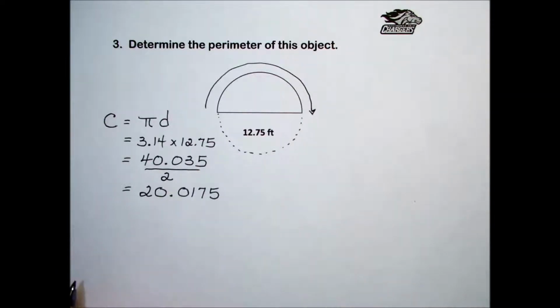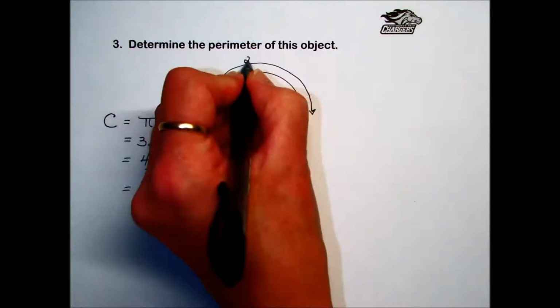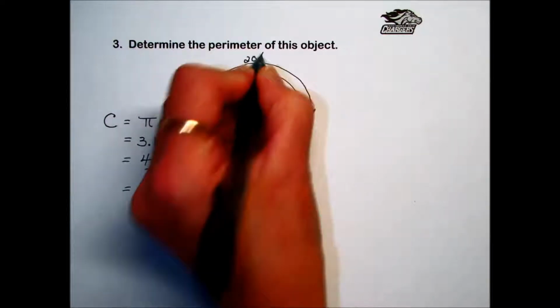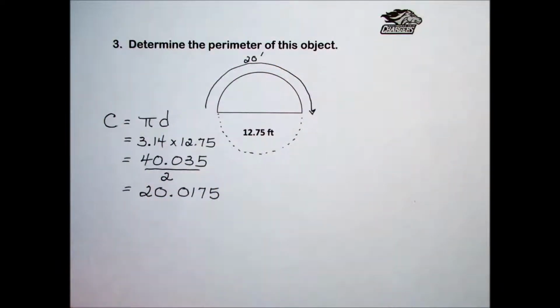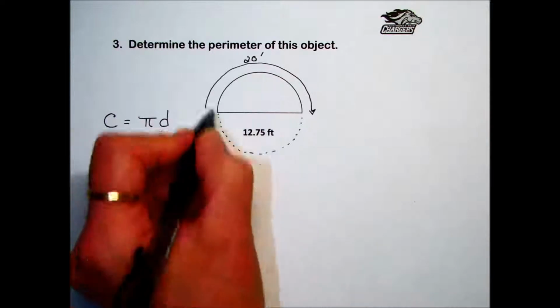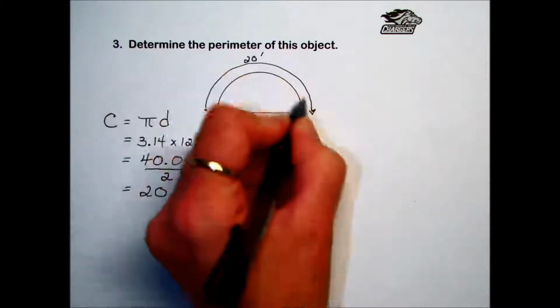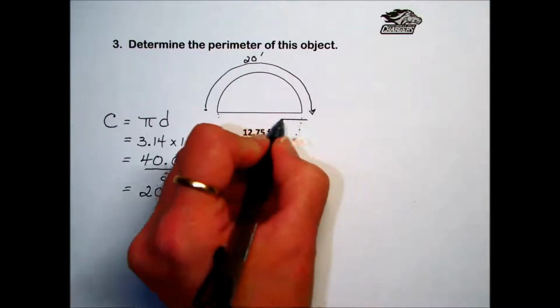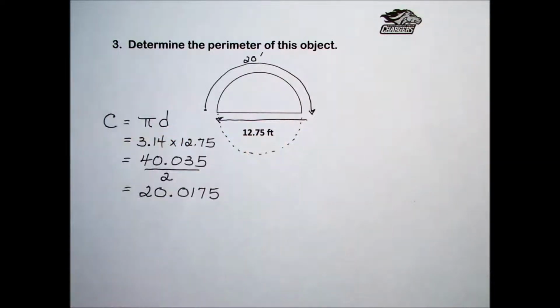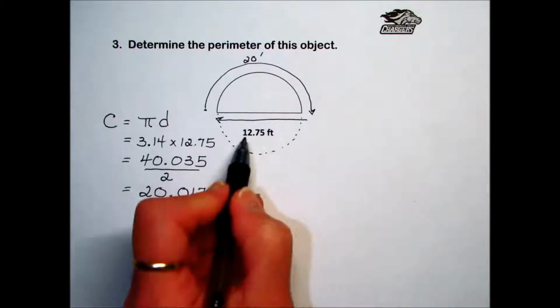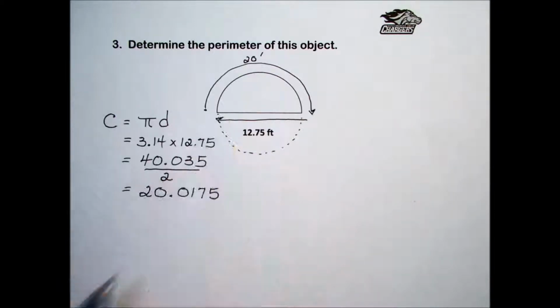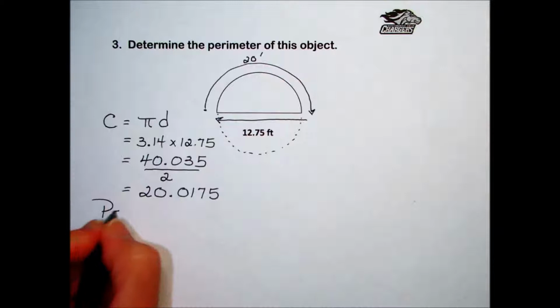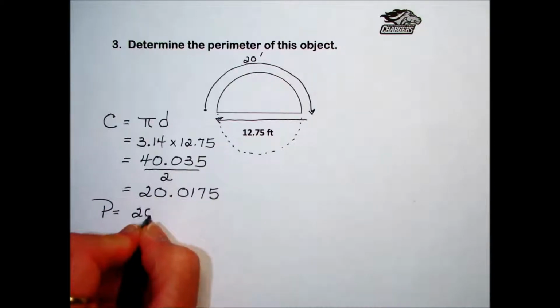In this problem, they're asking us for the perimeter of this object. What we've calculated right now is approximately a 20-foot distance, but it isn't the perimeter of the object. We started here. Going around to this point doesn't go all the way around, so our final calculation means we'll have to add on this lower piece here that we treated as the diameter of our semicircle.